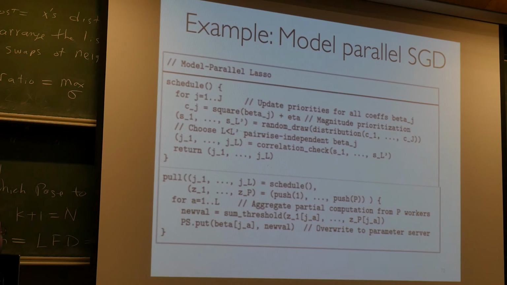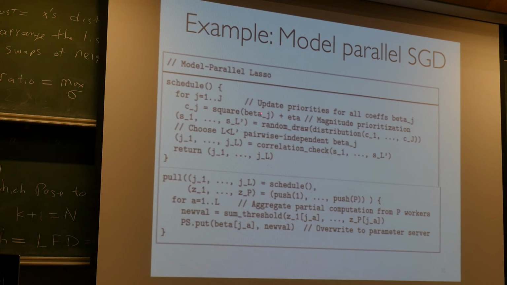Okay, so here's where all the interesting work is, where I choose which set of k values to look at each time. Okay, so first thing I'm going to do is look at some sort of priority. So beta j is the value of the jth parameter. Okay, he's using beta for the parameter values instead of w for weight.